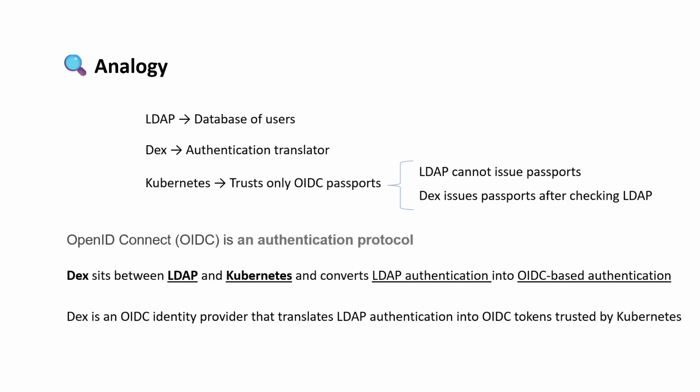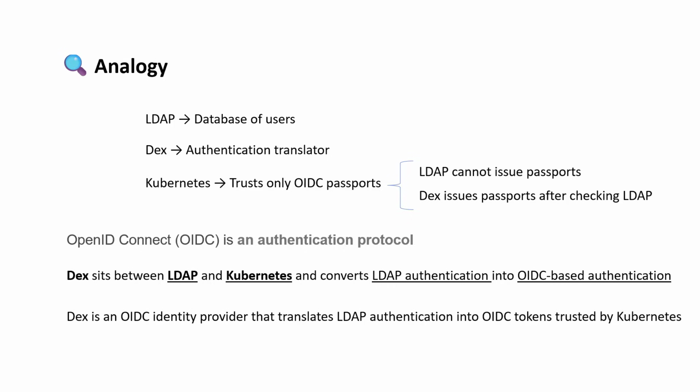As you know, Kubernetes only trusts OIDC passports. LDAP cannot issue the passport, so we need something like Dex to issue passports after checking with LDAP.